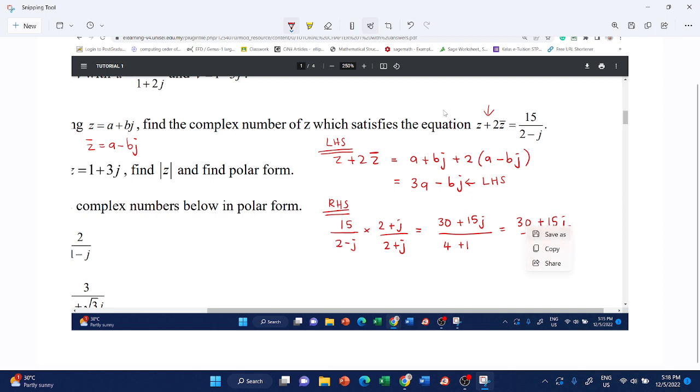So right hand side, you can simplify. Okay, so this is right hand side kan. Okay, and then you compare lah left hand side.